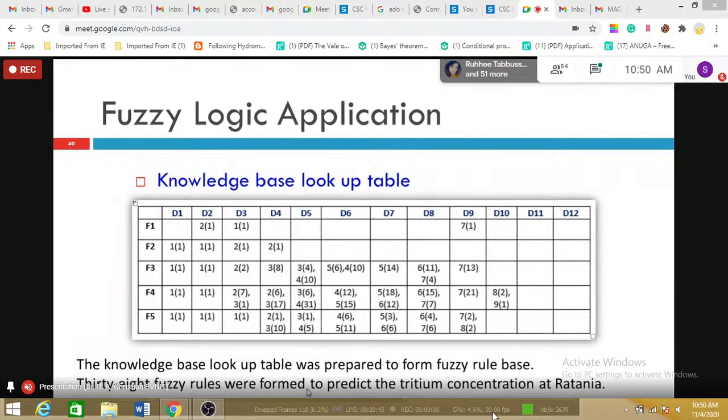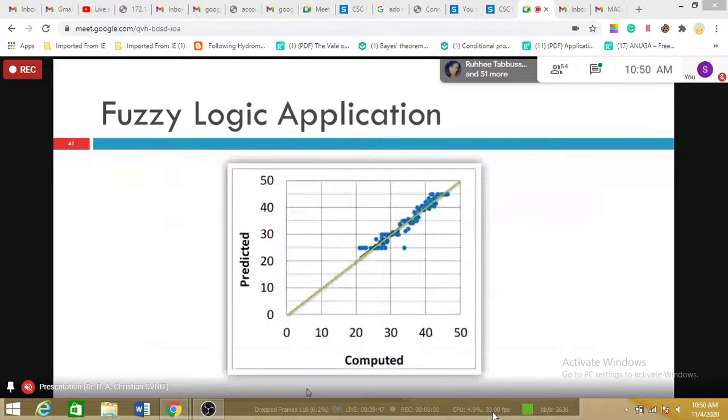So we now have only 38 rules with us. And with these 38 rules, we predicted the output, and the computed and predicted values are shown in this scatter diagram.